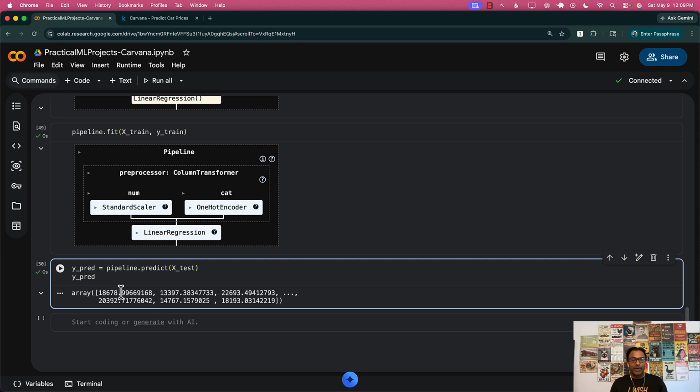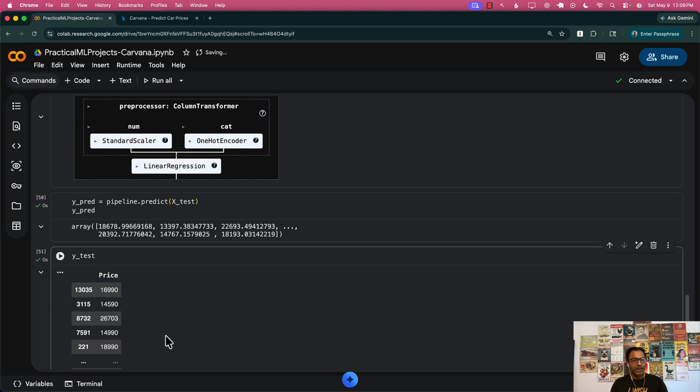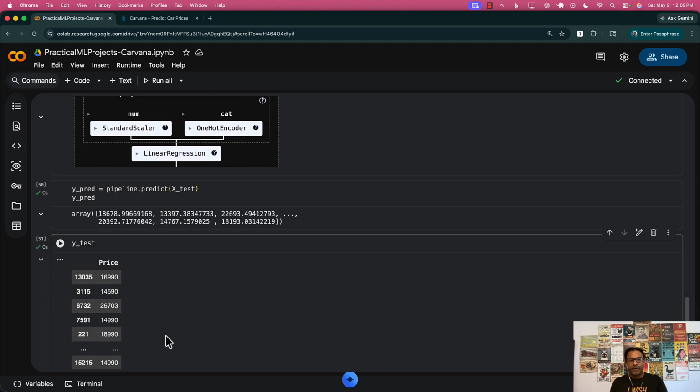So how can we make sure to understand what these predictions actually mean? And then we also want to make sure what is in the Y test. Okay, we can see a little bit of a hint over here, and I can show you this.